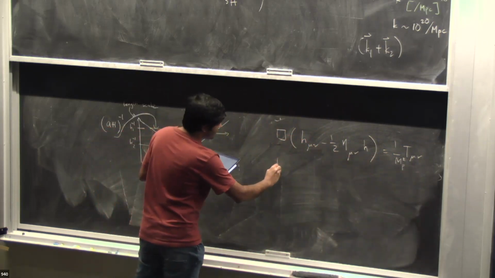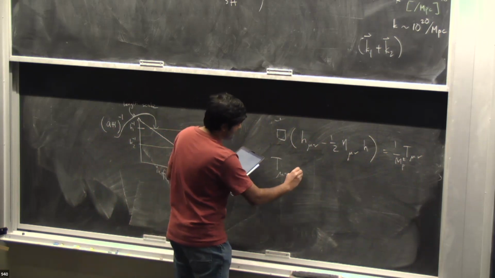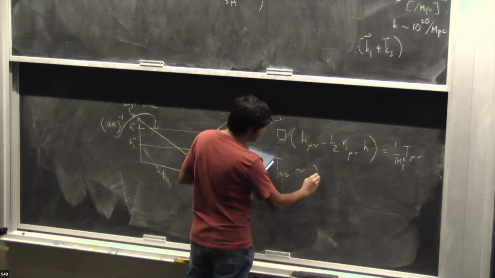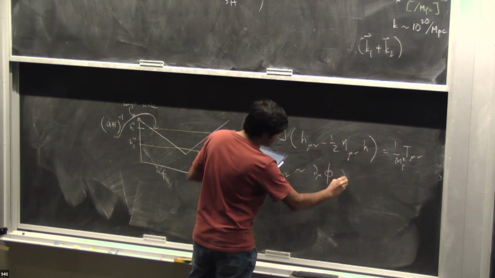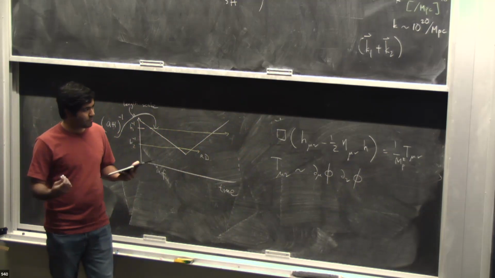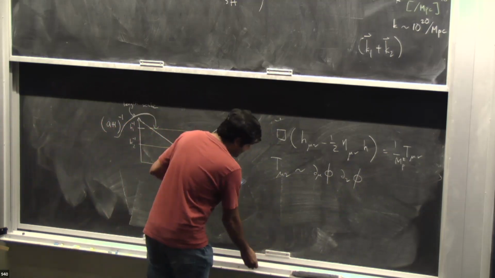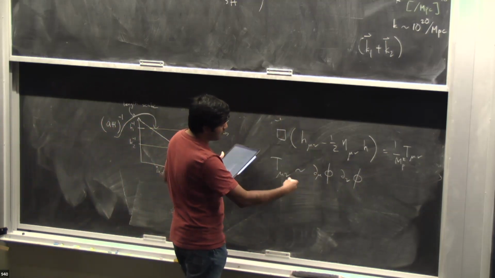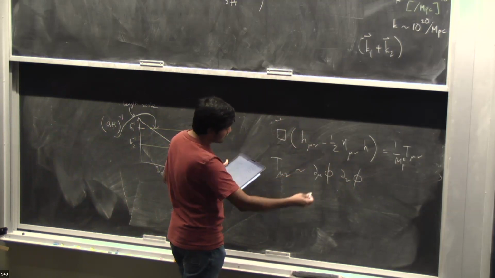Now the point is T mu nu, if you have a scalar field, it's quadratic in the scalar field. So it would schematically have a contribution which is roughly like this. Okay? That means if you were to study, so here we are interested in the fluctuations of the scalar field.